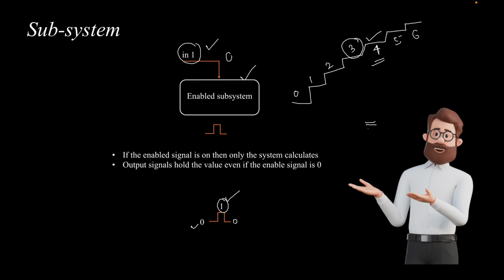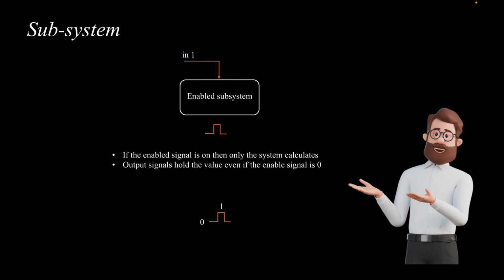Suppose you want to reset also, you can do that by implementing it inside the subsystem. But this is the default behavior that you usually see in designing any subsystem. So it holds the previous value. And in the case of an enable subsystem, the calculation only gets triggered when the value is 1.